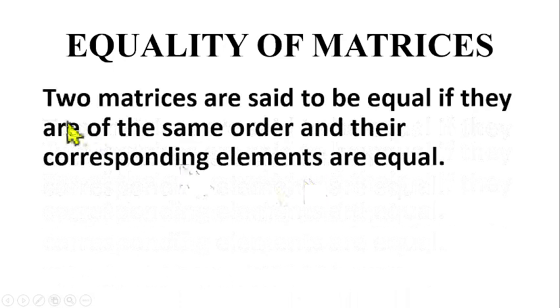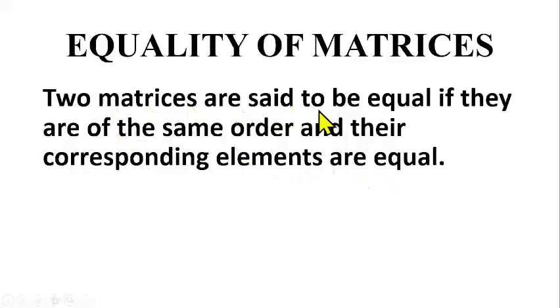Now the next thing to talk about is equality of matrices. How do we find equality of matrices, and what is the implication of the equality of matrices? Two matrices are said to be equal if they are of the same order and their corresponding elements are equal. That is the implication.